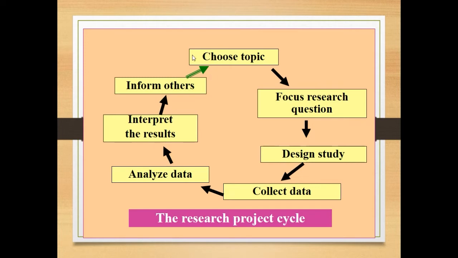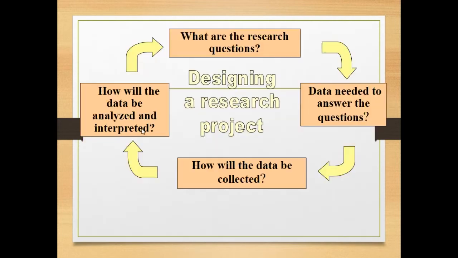And again, like we said, at the end of the day, you will need to inform others. Okay, so it is here where your art of writing becomes crucial. So in the designing of a research project, you always want to find out what are the research questions? What are the action words that are appearing in my objectives or my research question?